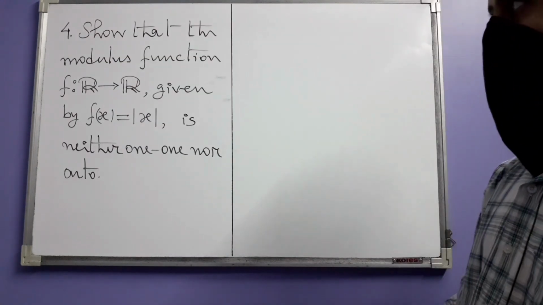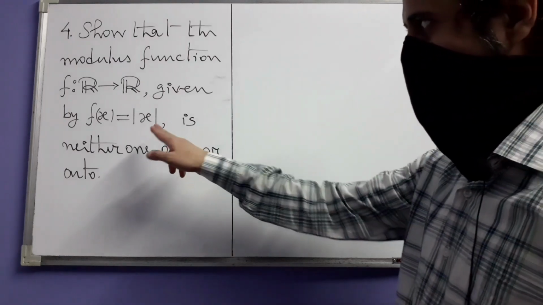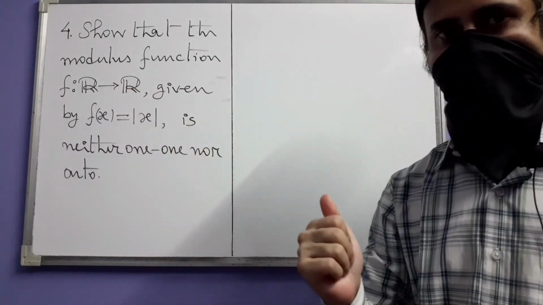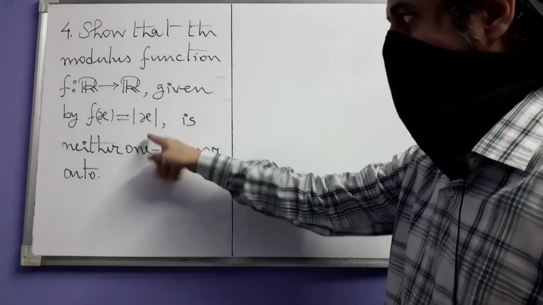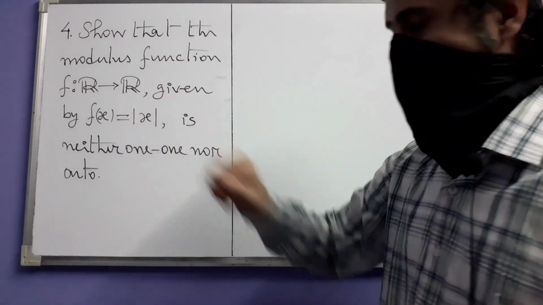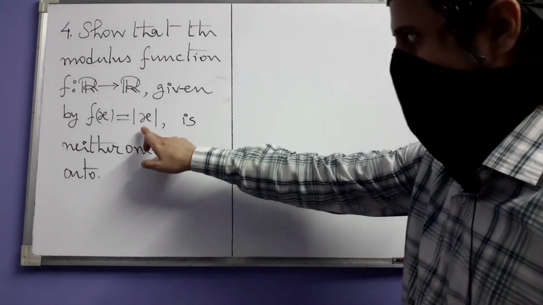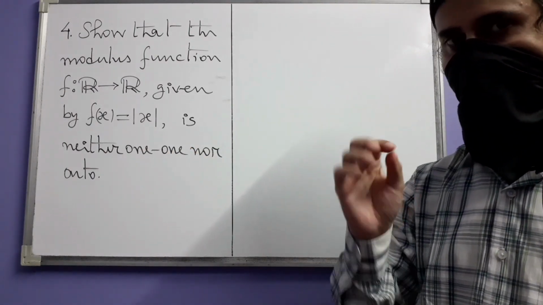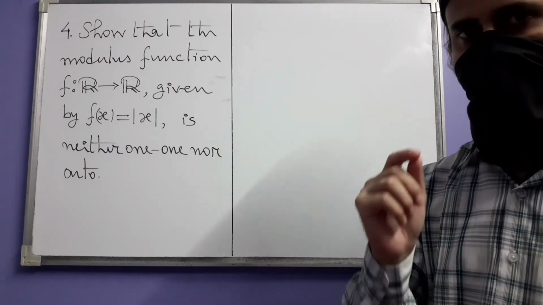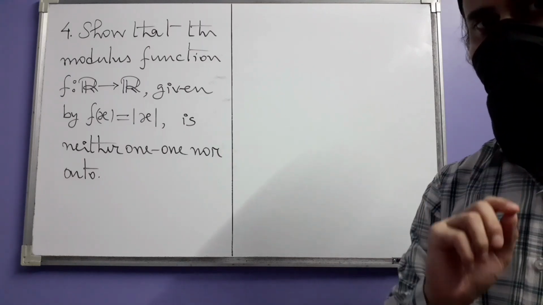So in this next one we have the modulus function, and that stupidity can still be seen here. This is also a function from R into R given by this. What does this tell you? Nothing. What is the meaning of this symbol? You already know what it means, that this symbol is equal to x for a given value of x. This symbol is x if x is non-negative. But if x is negative, then the symbol means minus x.